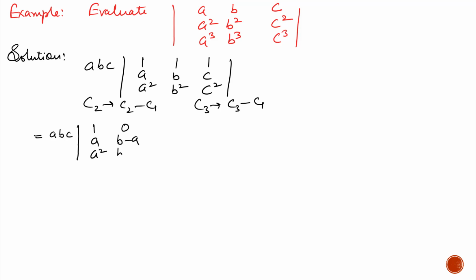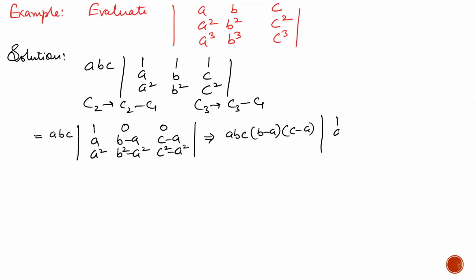First column remains same, and after using column operations we will get first column as it is, second column 0, b minus a, b square minus a square, third column 0, c minus a, c square minus a square. Take b minus a common from the second column and c minus a from the third column, and we will get first column 1, a, a square, second column 0, 1, b plus a, and third column 0, 1, c plus a.